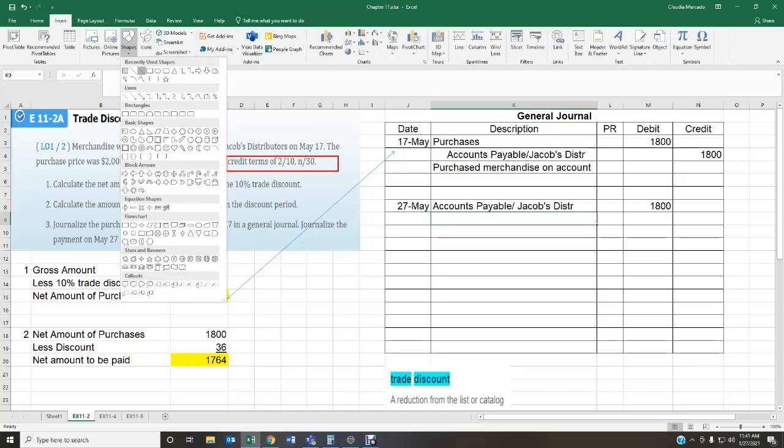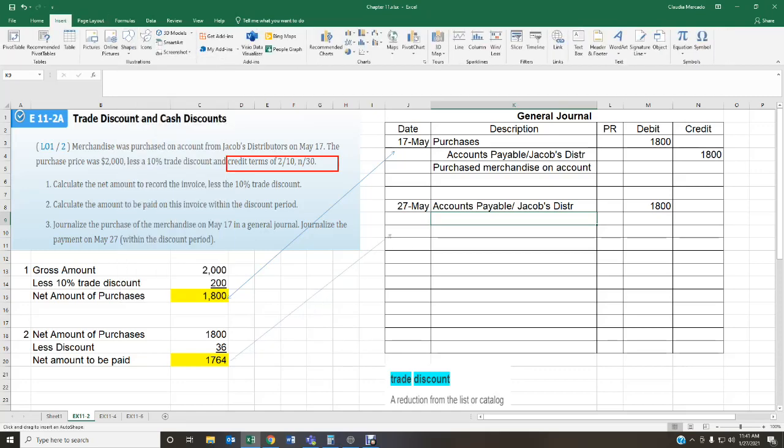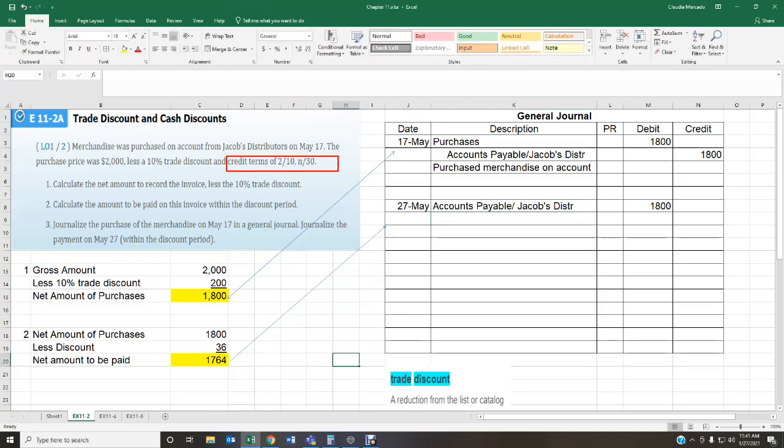Well, the problem asks us to calculate the payment amount. But remember, we had credit terms of 2/10, n/30, which means that if we paid within the discount period, we got a discount. So we're not going to pay $1,800. We're only going to pay $1,764.